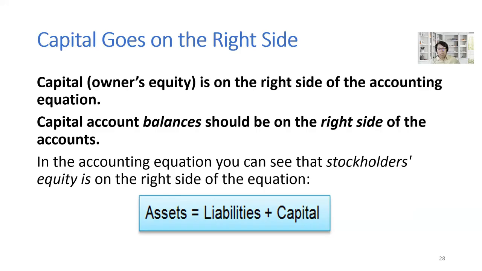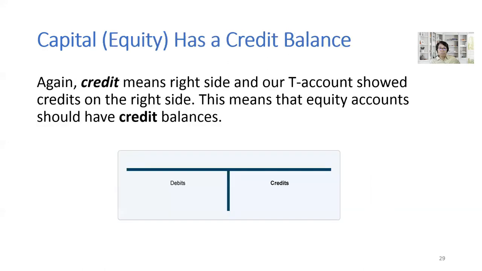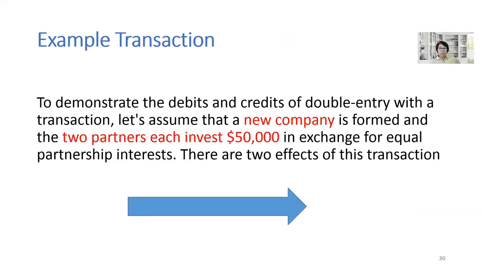I might owe taxes, I might owe credit card. The difference is my equity in my business, because I said if you took all your assets and you sold them and you paid off all your debts, that's how much equity you would have. So equity has a credit balance because it's on the right side of the equation, and credit means right.